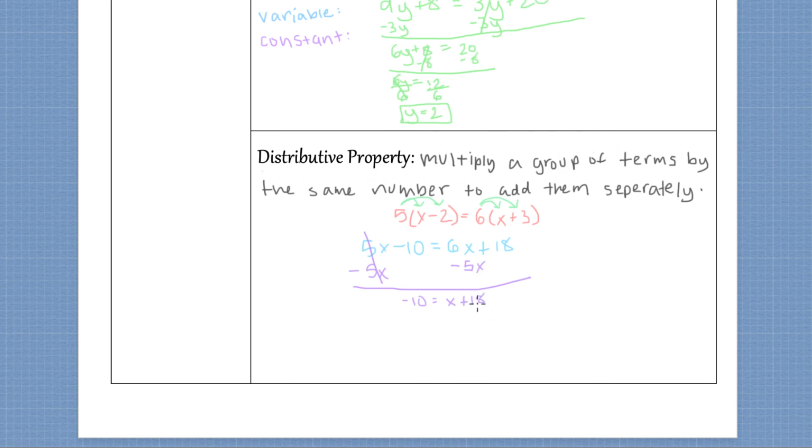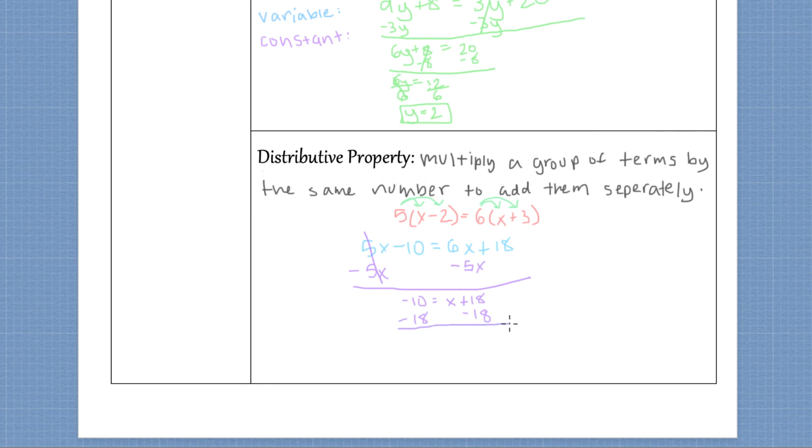Now, since the x is on the right side, we just want to leave it alone, and we're going to take the positive 18 and move it over to the left side to see what x is equal to so we can solve this. Again, we're going to use inverse operations and subtract 18 from this side of the equation and subtract 18 from the other side as well.